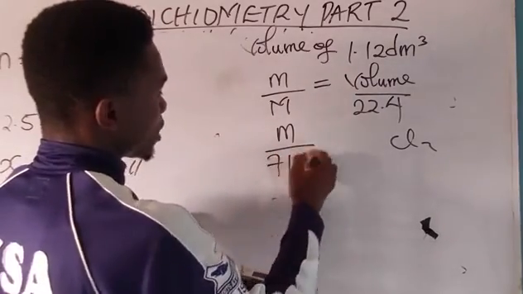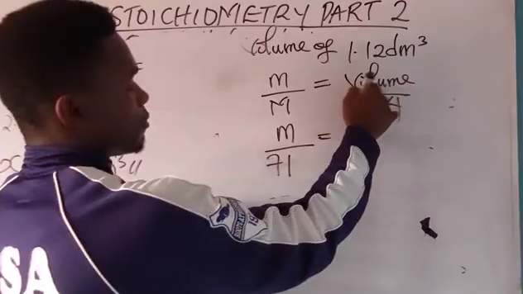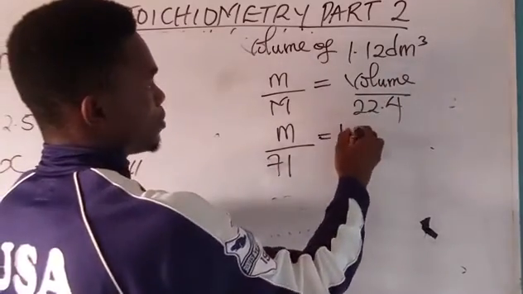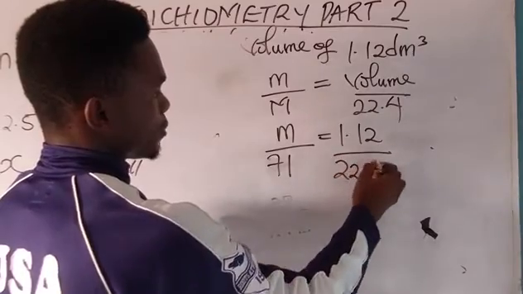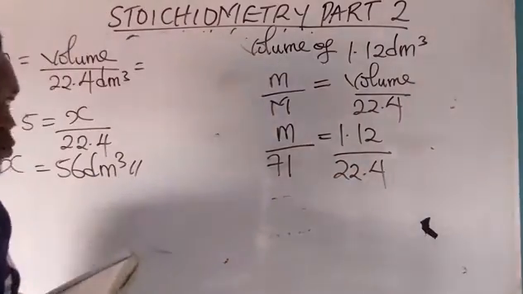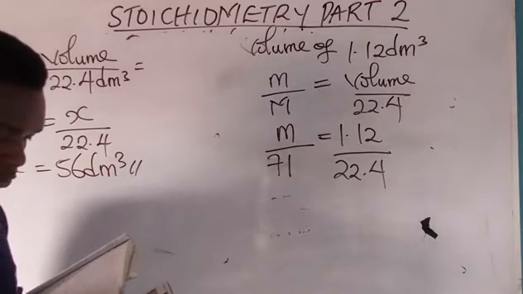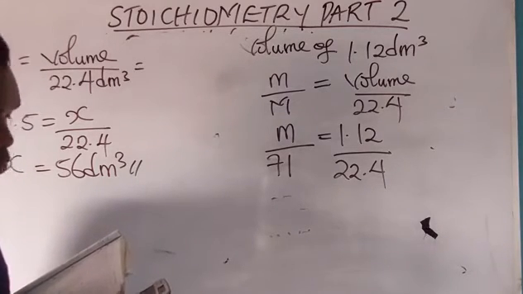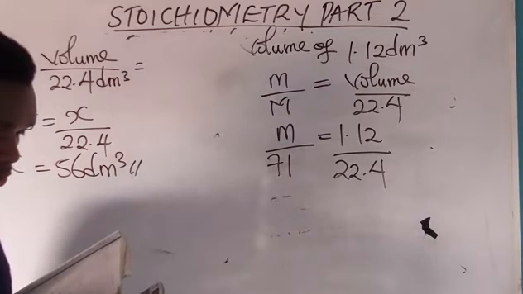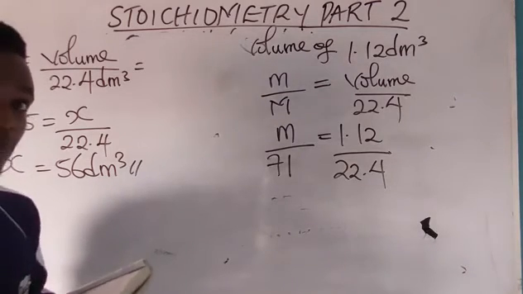So mass over 71 equals volume 1.12 dm cube over 22.4 dm cube. It becomes 71 times 1.12 equals 79.52. What do you do next?